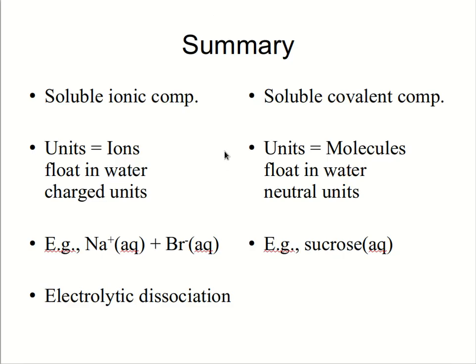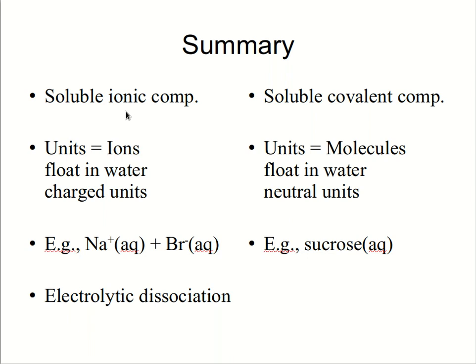So here's my summary. We have a soluble ionic compound. Let's consider soluble covalent compounds. Soluble is not something that you can just assume. There's different rules here. They're complicated. We will talk about them in the future.